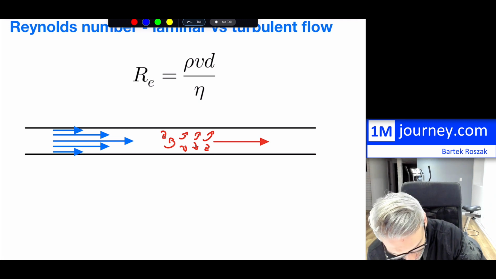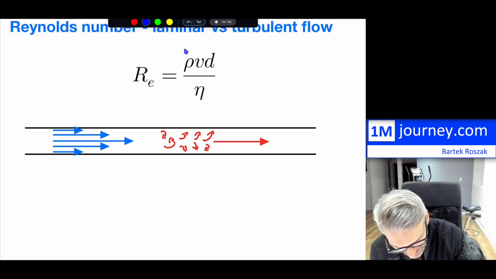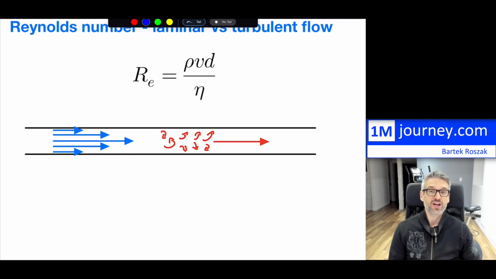So coming back to here, this is density, and this D is the diameter of your pipe. This is the viscosity, the actual coefficient of viscosity of whatever fluid you have. If you notice, the density, the pipe's diameter and the viscosity coefficient don't really change.